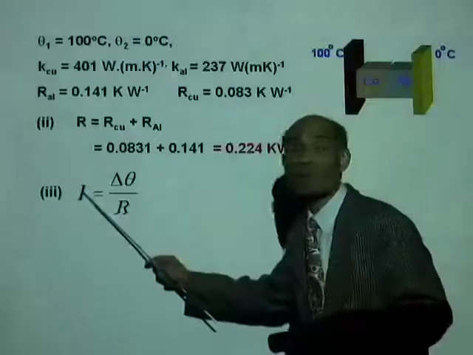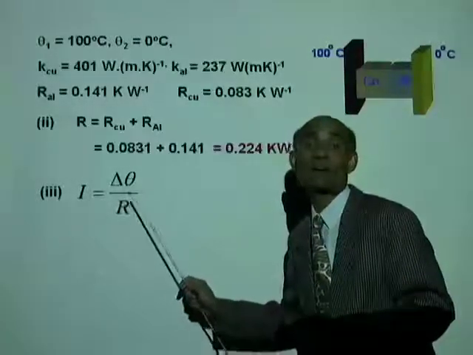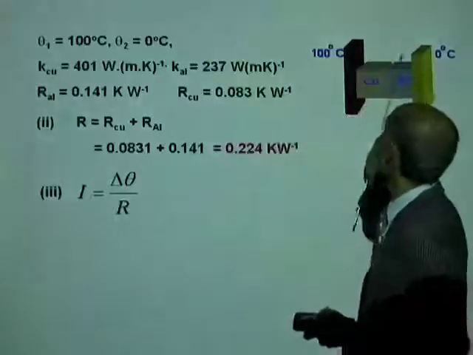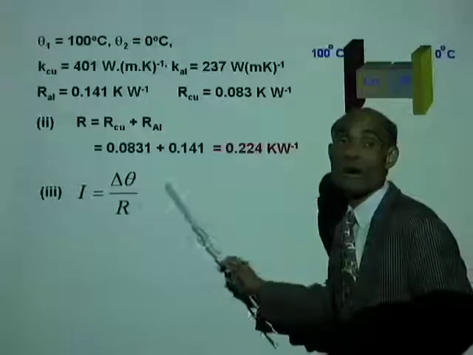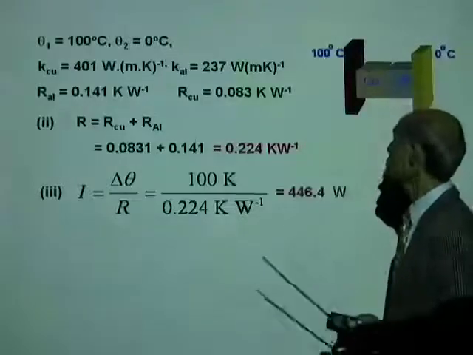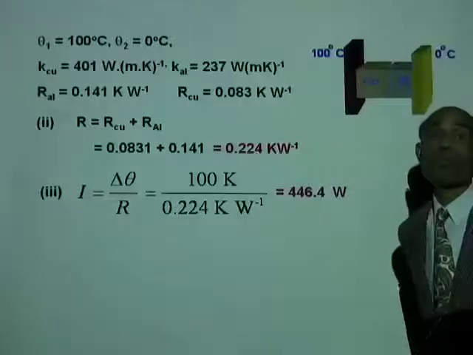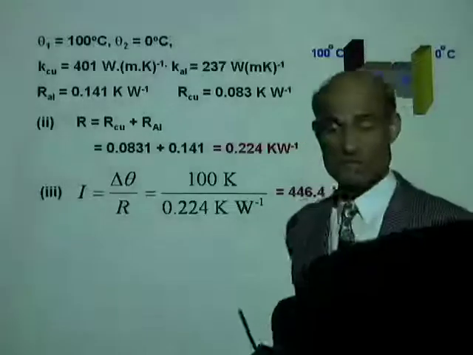The thermal current is delta theta divided by R. Delta theta is 100 minus 0. R we just calculated, and therefore I equal to 446.4 watt.